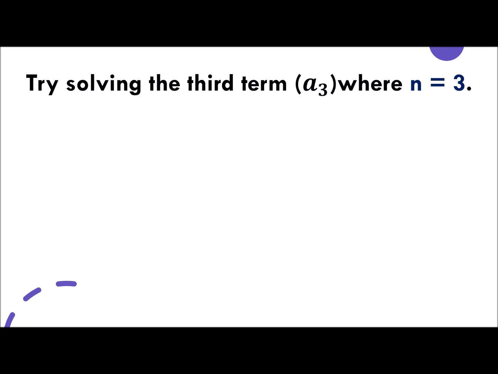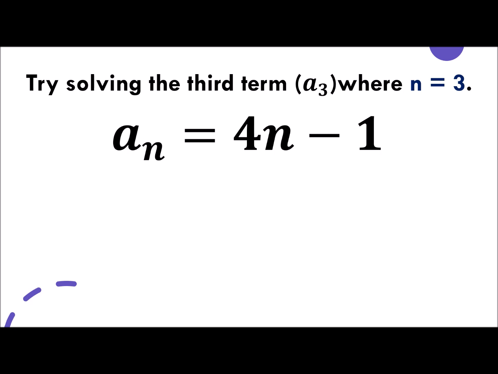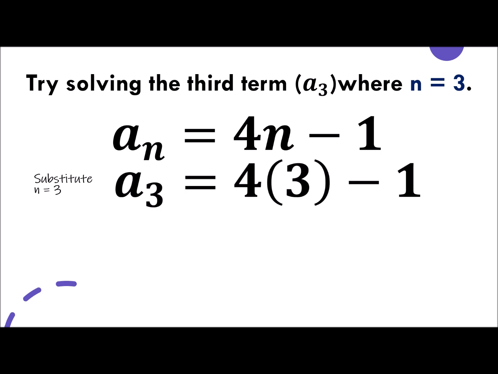Are you done? Let's compare our answers. So let us always start with our fixed rule or the pattern, which is a sub n is equal to 4n minus 1. Substitute n is equal to 3. So that gives us a sub 3 is equal to 4 times 3 minus 1. Then simplifying 4 times 3, that gives us 12.